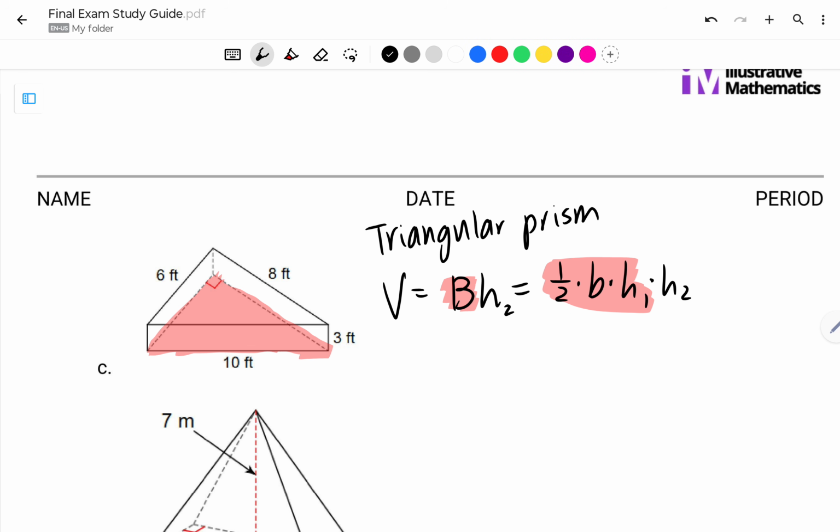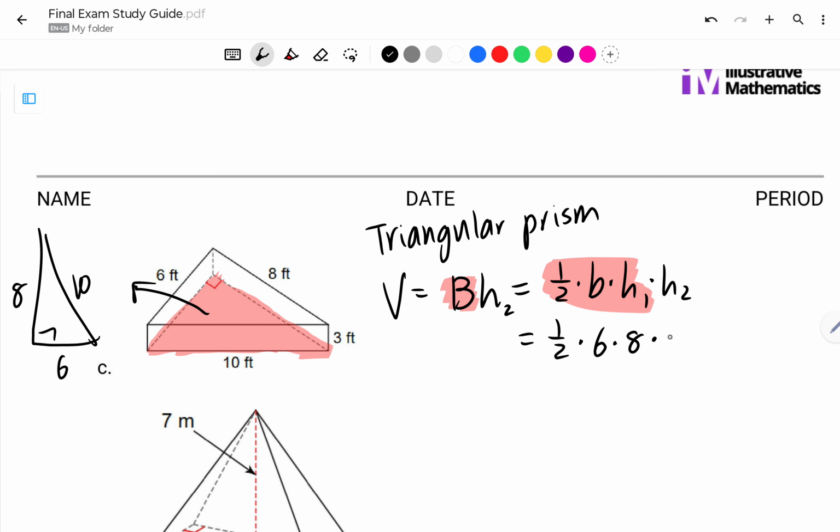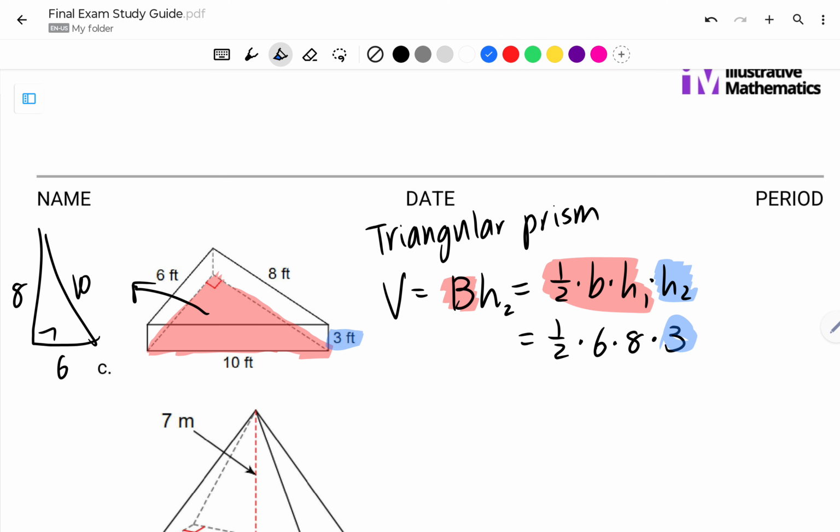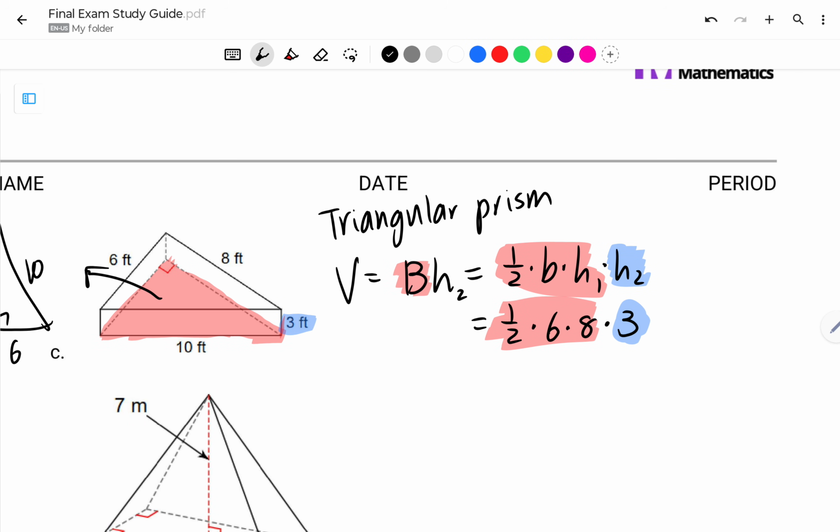Again, I'm going to redraw my triangle. It's actually the same one. I didn't realize. It's 10, 8, 6. So I'm just going to do the same thing. And then my height here of the prism is 3, because that's how tall the prism is, right? I was using this example in class: if I'm stacking 3 pizzas on top of each other, the height of the 3 pizzas is just 3. This one should be 24 times 3, that's 72.